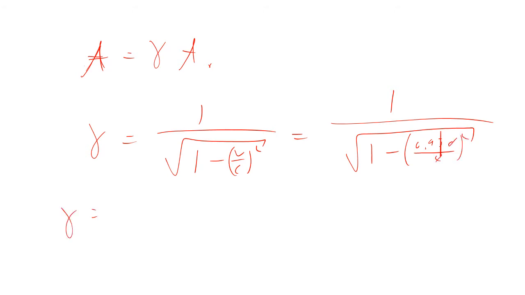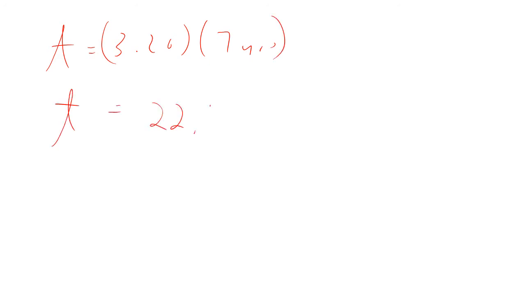So gamma is going to be 1 over square root of 1 minus 0.95 squared. And so that's going to come out to be 3.20. Therefore, T is going to be 3.20 times 7 years. So T is going to be 22.4 years.